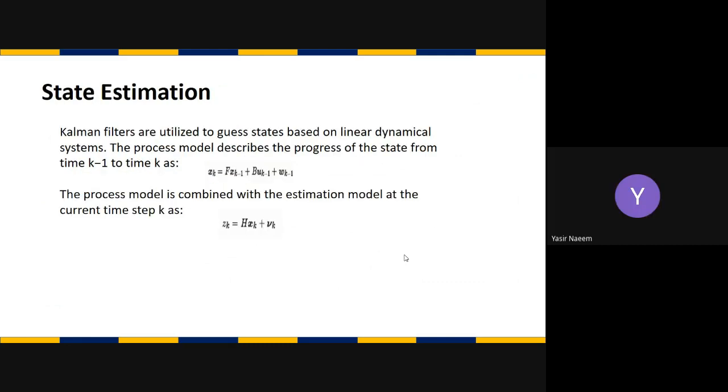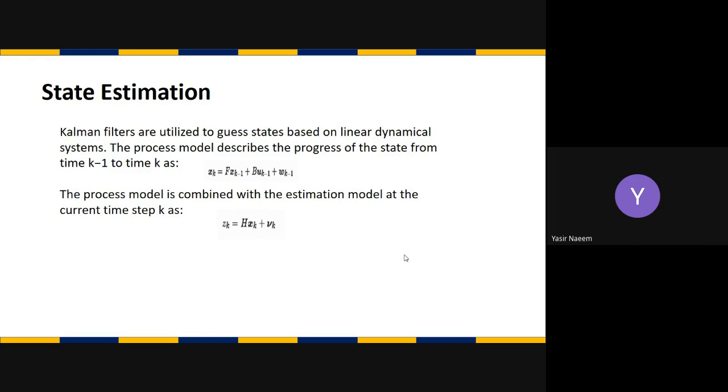Thank you. Now I will tell you about the Kalman filter and its state estimations. So Kalman filters are utilized to guess the state based on a linear dynamic system. The process model describes the progress of state from time k minus 1 to time k.